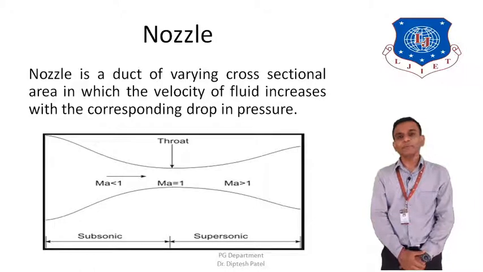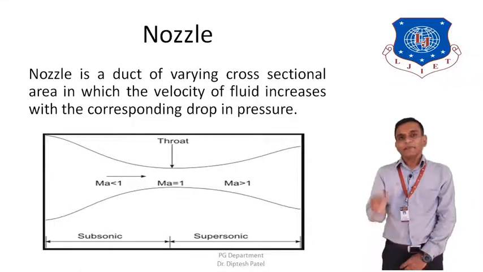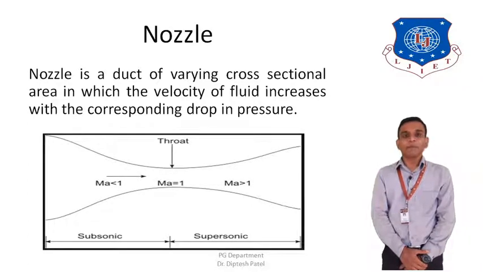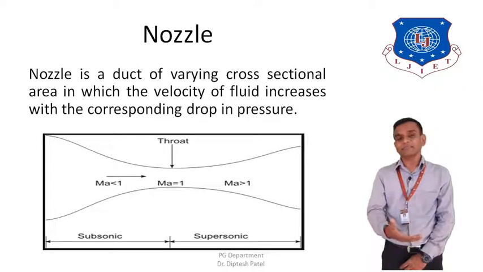Now let me give you a small example of nozzles. If we consider the hose pipe in a garden, you might have seen that the flow of water through the hose pipe is constant. Now, if you put your finger at the outlet of the hose pipe, you would notice that the flow of the water changes.